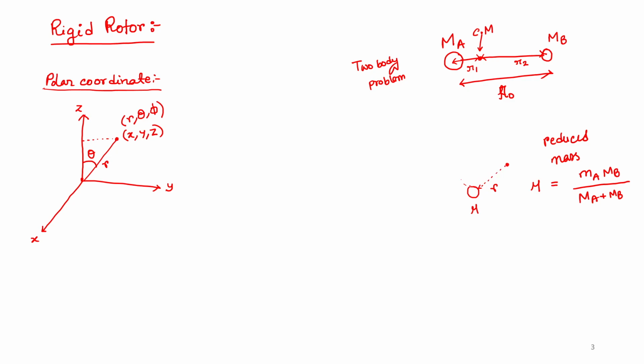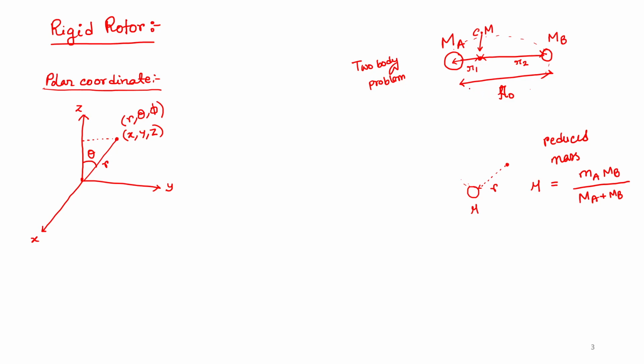But as a rotational motion, we are going to check how this bond moves. We are going to discuss how this two-body problem is going to move in space. So MB has a different kind of rotation, and MA is going to have a different kind of rotation. So that pathway is different.